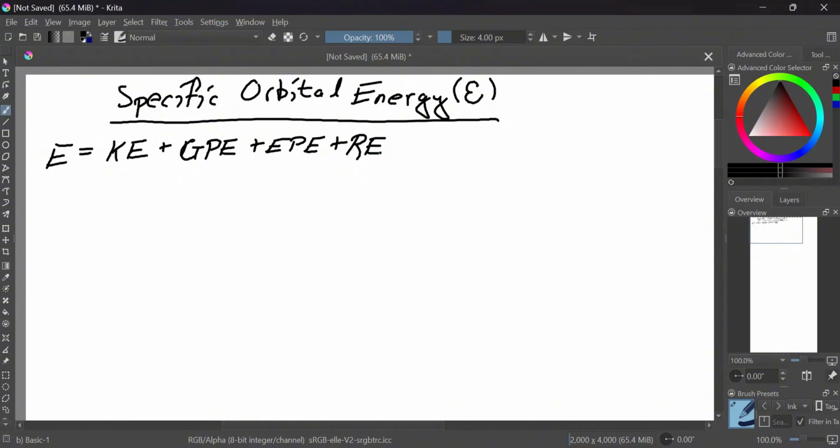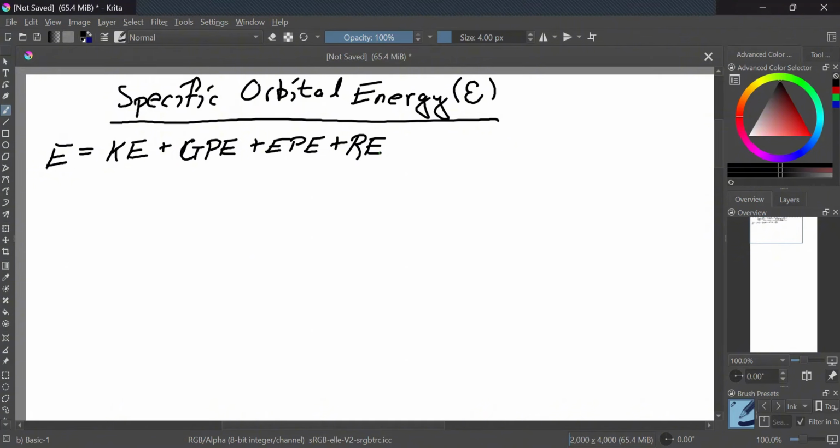Now, kinetic energy and rotational energy are largely coupled together. See also why the moon is moving away from the Earth. But we're not going to be talking about that today.